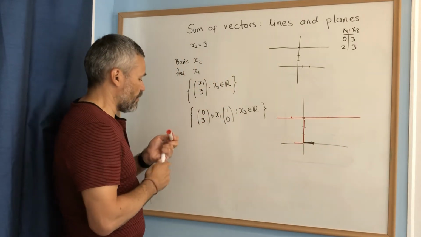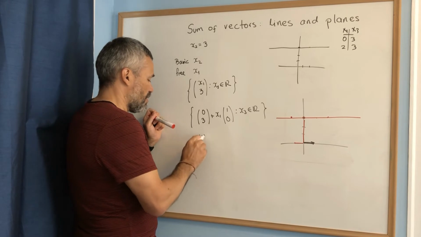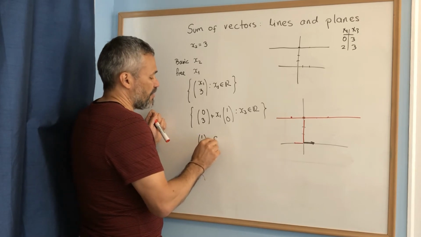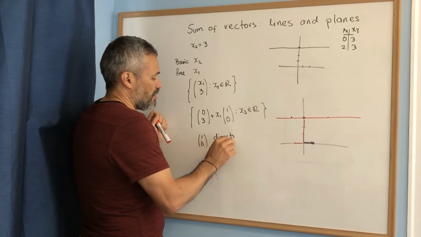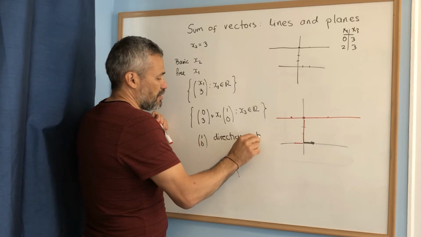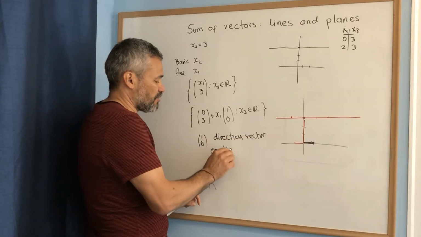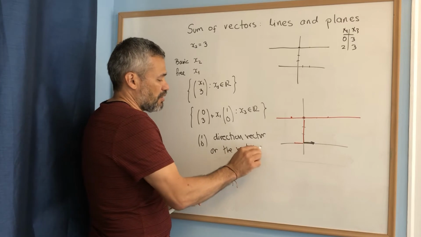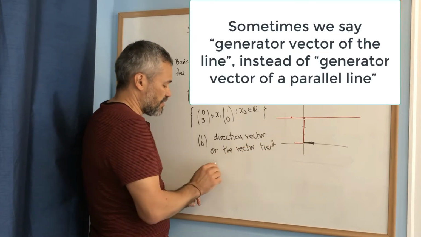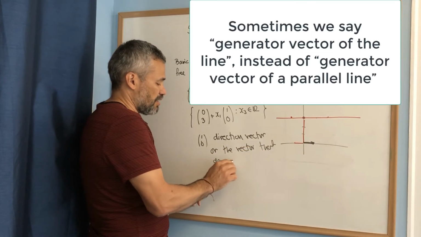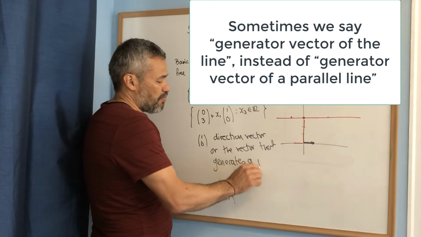Here, remember, the (1, 0) is going to be called the direction vector, or the vector that generates a parallel line.